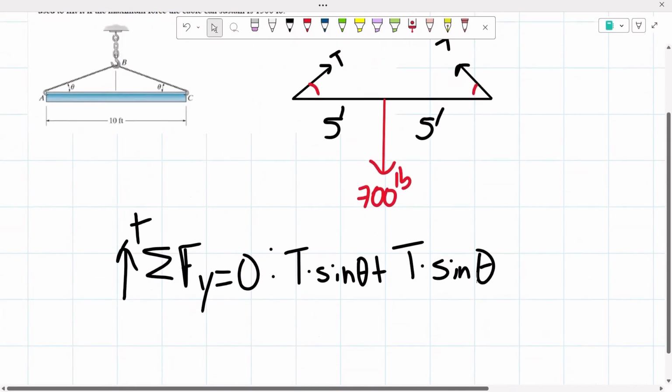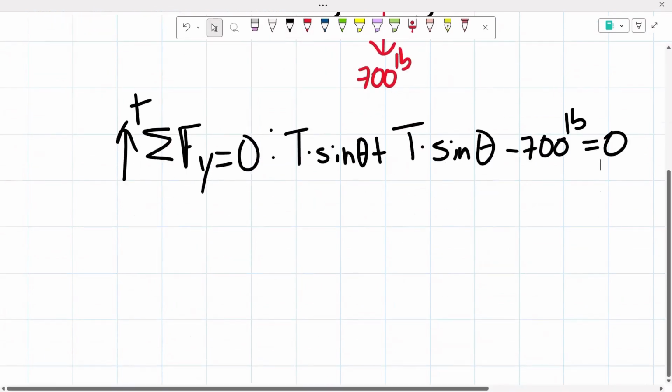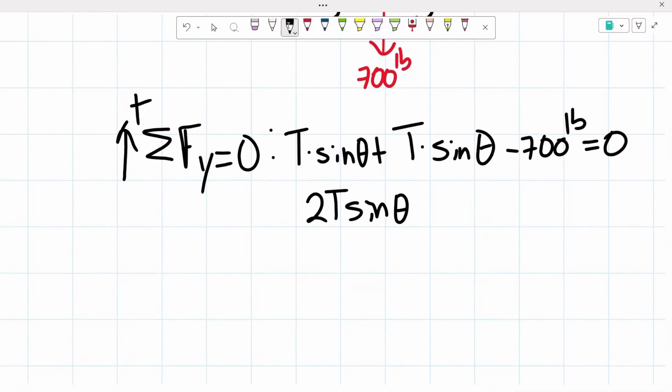And then we can't forget that we have our 700 pounds acting on it vertically. Those 700 pounds are acting downwards, which is why that would be a negative 700 pounds. And we know that the sum of that has to equal 0. So if we rewrite this, we have 2T sine theta equal to 700 pounds.